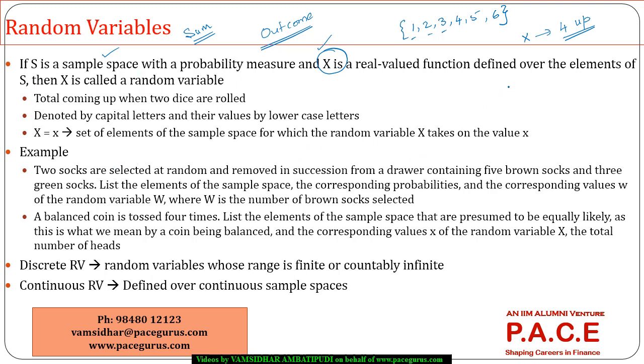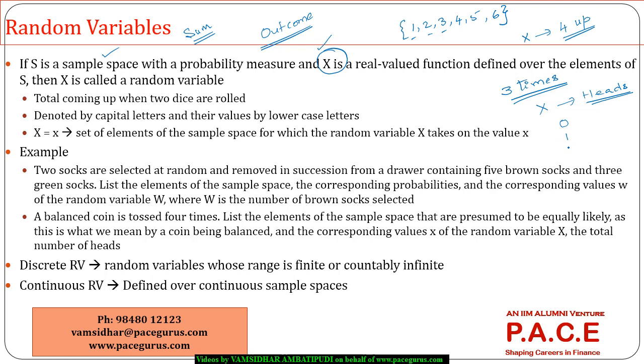So let's say I'm talking about tossing a coin 3 times, right? Now X, I'm calling it the number of heads that I get. So there is a possibility that I will get 0 heads.